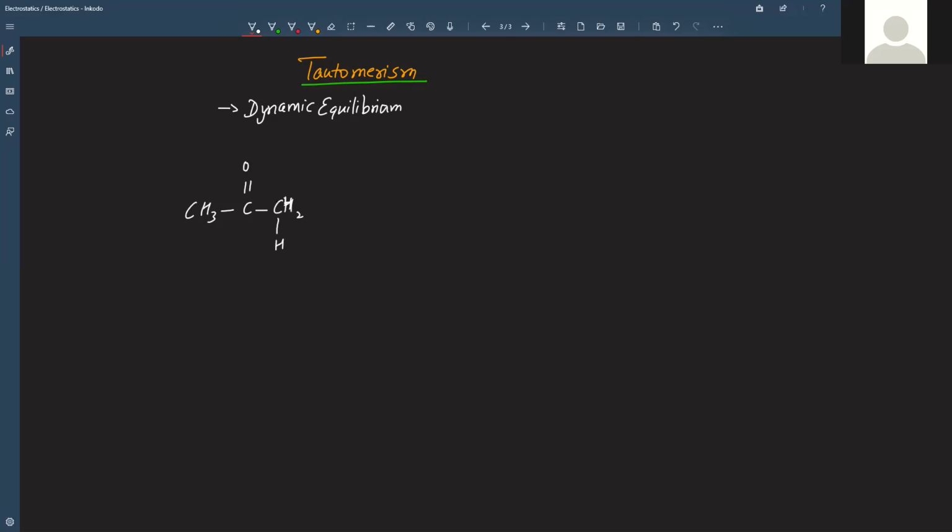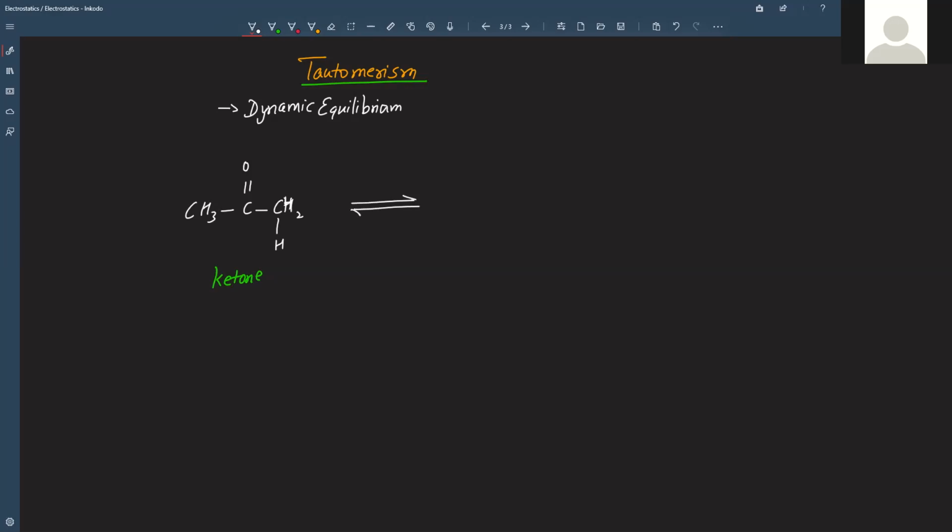So which type of compound is this? This is actually a ketone, right? C double bond O is between two alkyl groups, so that is a ketone. Now this compound is found to be in dynamic equilibrium, that is, it changes to some other form.